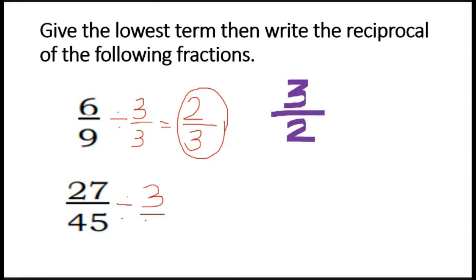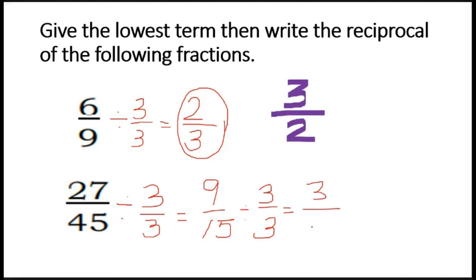Okay? So, 27 divided by 3 is 9. And then 45 divided by 3 is 15. We can still divide the two numbers by 3. So, 9 divided by 3 is 3, and then 15 divided by 3 is 5.